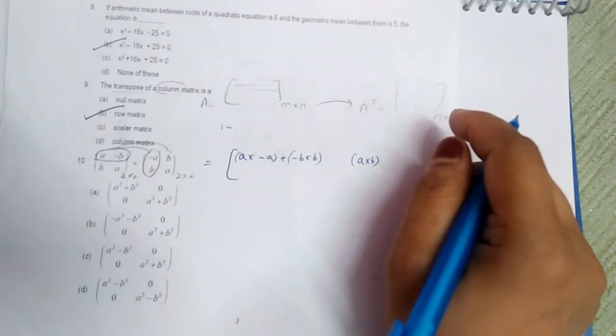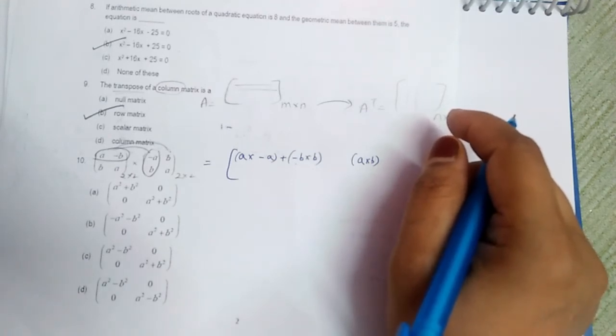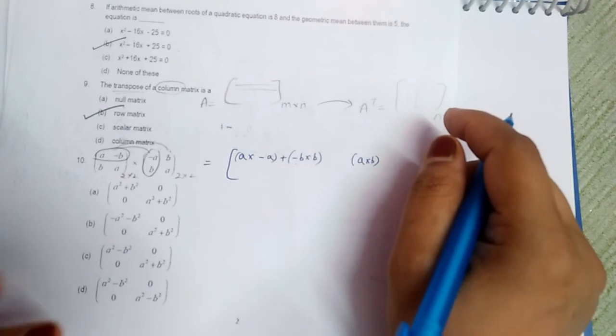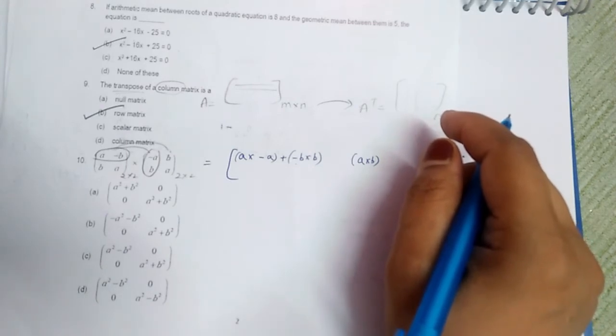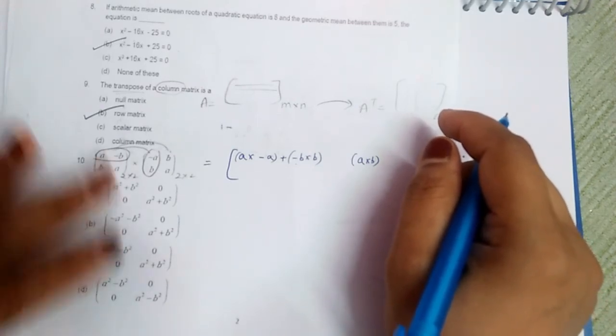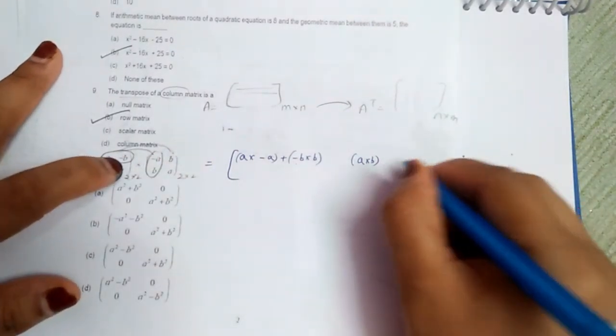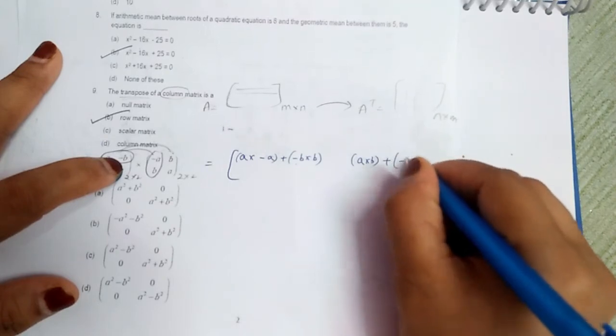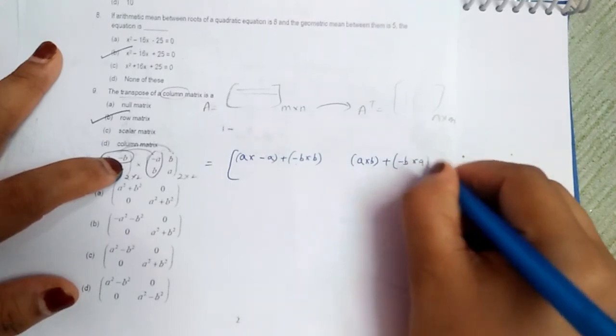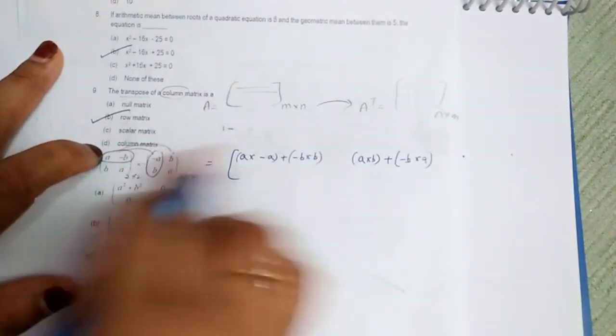In the exam your mind should be very active and quick. You have to solve each and every problem within 1 minute. That's the only way you'll be able to complete a whole paper within the time limit. A into B, then plus minus B into A. This is the first row and both columns done.